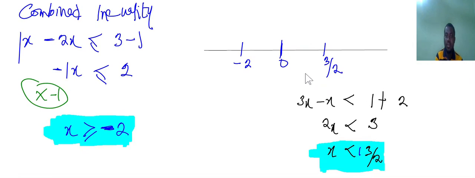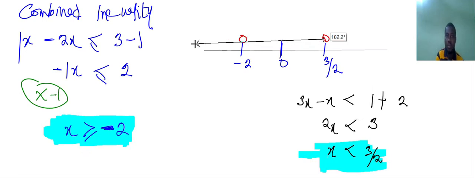x less than 3 over 2, numbers less than 3 over 2, definitely come this way, going down. So let's shade x less than 3 over 2.